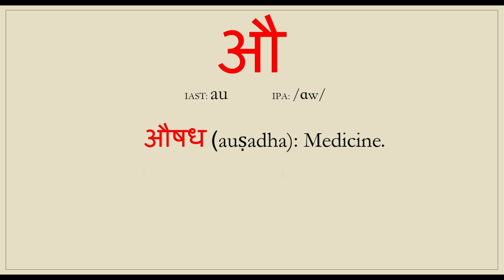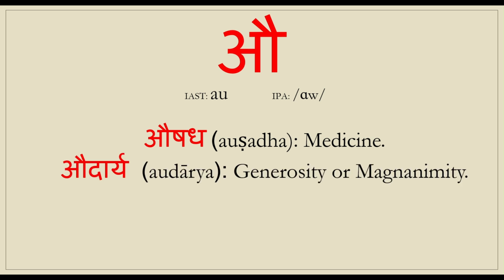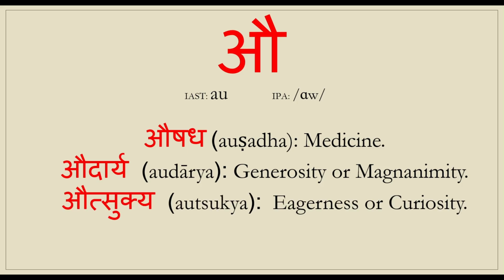The word audārya, which means generosity or magnanimity, and the word autsukya, which means eagerness or curiosity. So now we end our standard Sanskrit vowels with au.